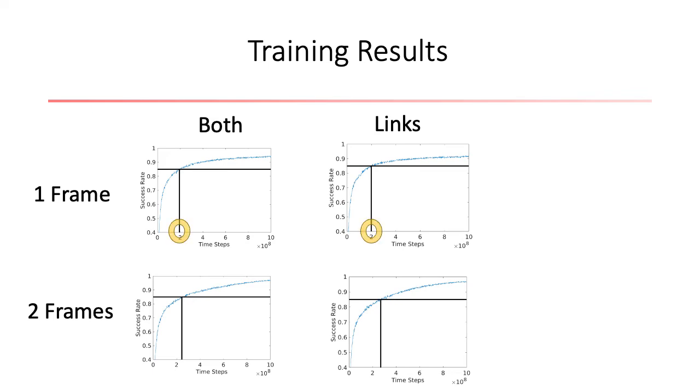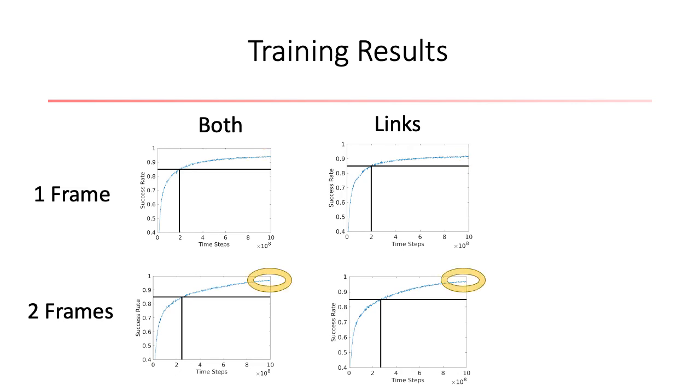Combined 1 frame reaches 85% success rate about 5 million time steps sooner than links 1 frame, while combined 2 frames reaches 85% success rate about 25 million time steps sooner than links 2 frames. Combined 1 frame's final success rate is about 95%, greater than links 1 frame's 92%.